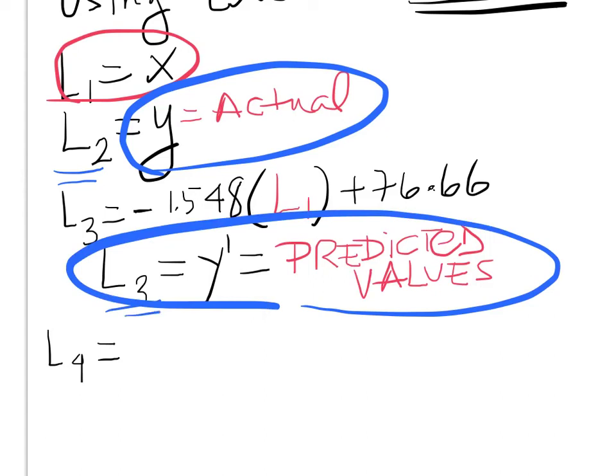You're going to tell it to take L2 minus L3. And you can go a step further here because we actually need these values squared. So you can go ahead and tell the calculator to put this in parentheses and square it. So don't forget the parentheses. That's really important.